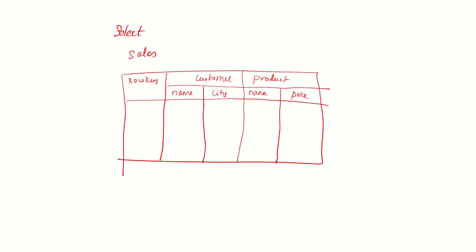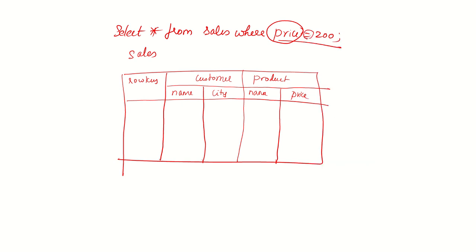I'm just telling you a simple SQL query, so it will be easy for you to understand. You have select star from sales where price equal to 200. Suppose I'm giving a condition like this. So here on a single column, I have a condition.